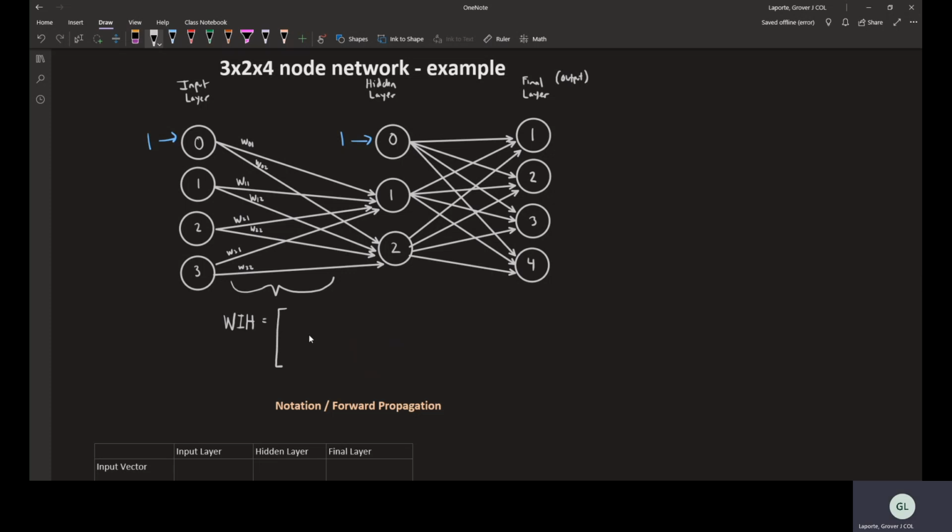So I have WIH will be W11, and then how many columns do I have? The number of columns equals the number of nodes in my hidden layer, minus my bias, right? So I'm not including my bias in this matrix. So it's W11, W12.